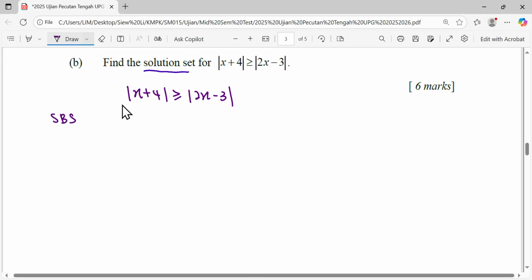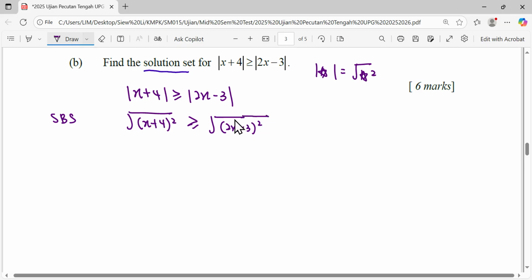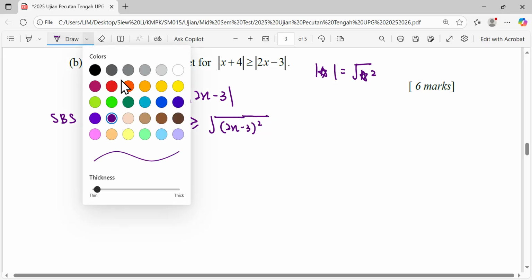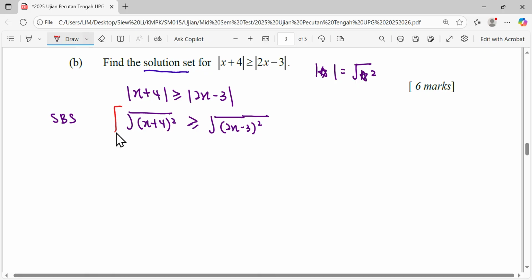So first of all, express the modulus in square root and square first. So symbol of modulus is equals to square root and square. Therefore, when you want to get out of this surd, we need to square both sides so that the square root and the square can be cancelled.